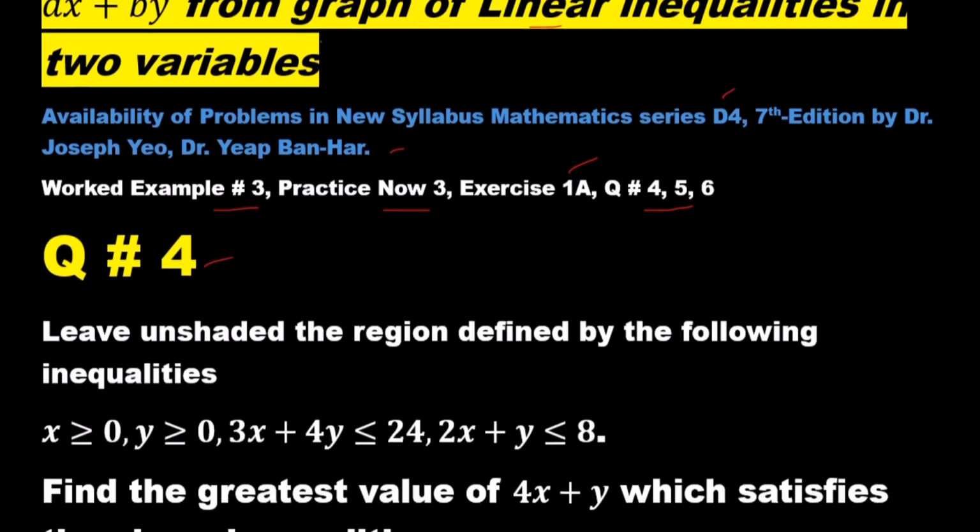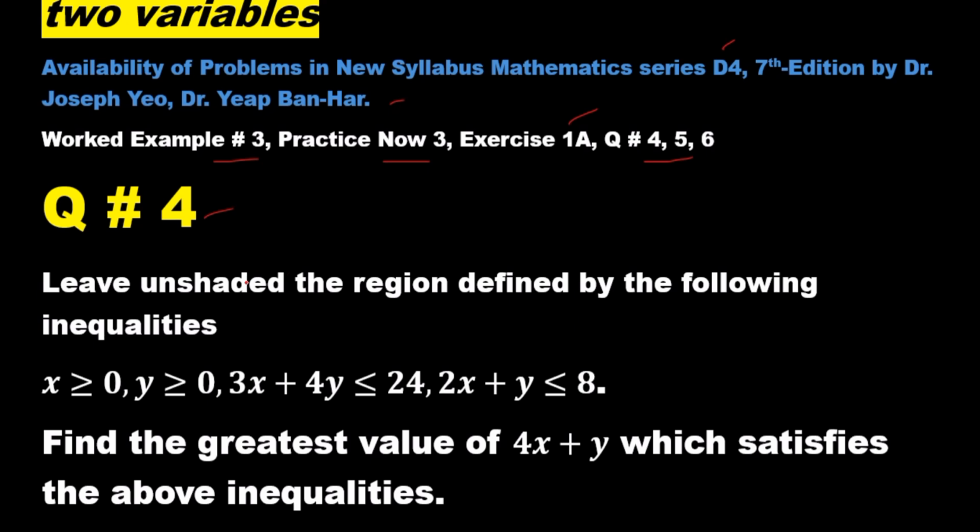Its statement is: leave unshaded the region defined by the following inequalities. These are the 4 inequalities and we need to find a region which we have to leave unshaded, and from this graph we need to find the greatest value of 4x plus y which satisfies the above inequalities.